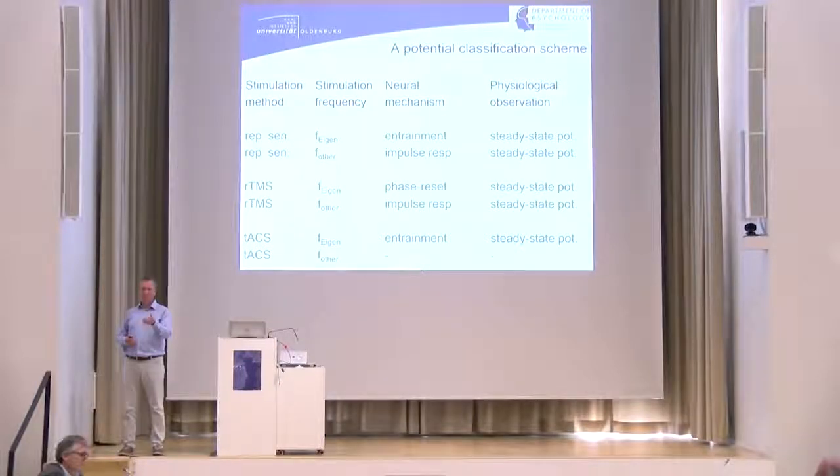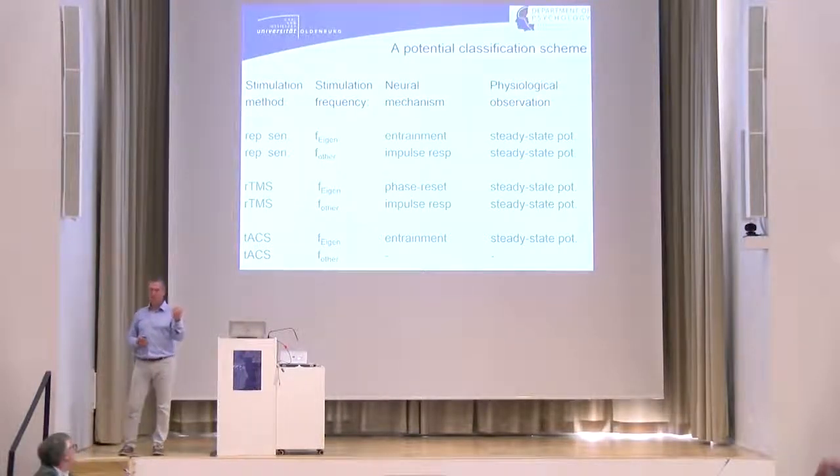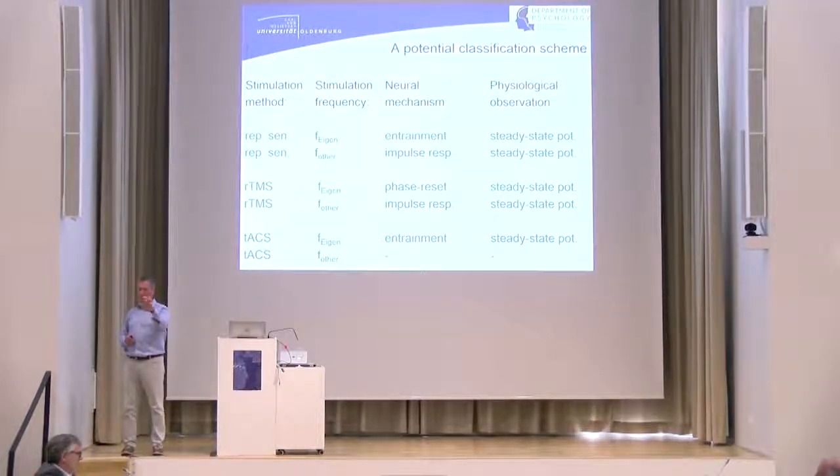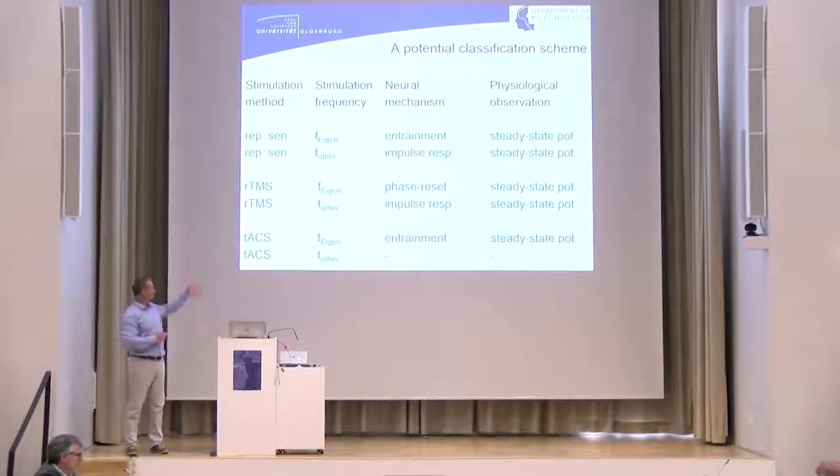I think it's one of the first sentences in the book about synchronization. They say that from only observing the physiological observation, it's very hard to differentiate between the different cases. You have to make assumptions about the system, so you know whether your system oscillates or not, and you can stimulate it at this frequency or not.